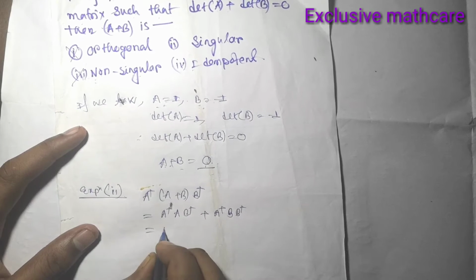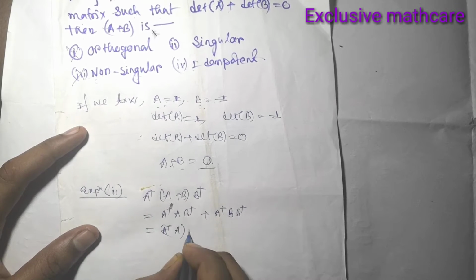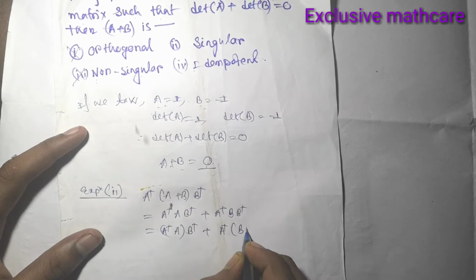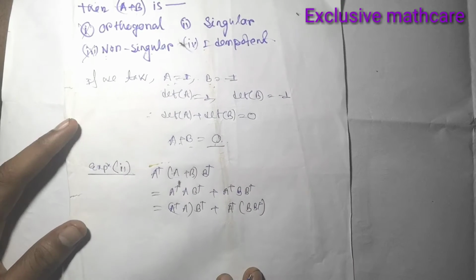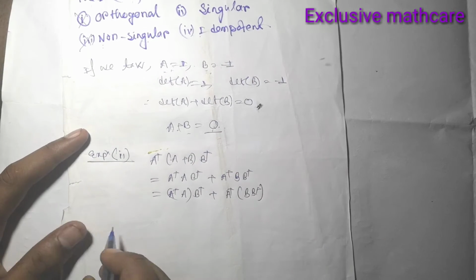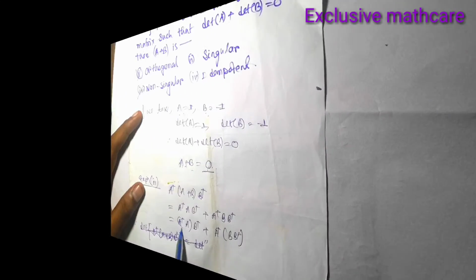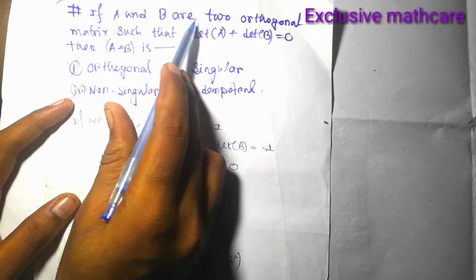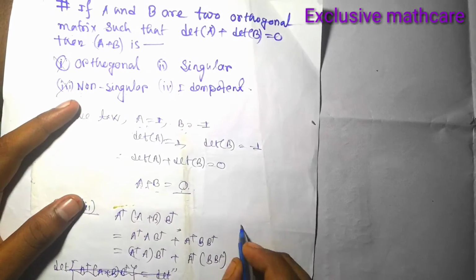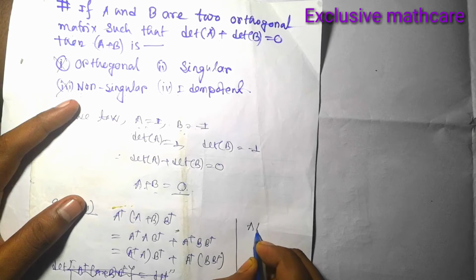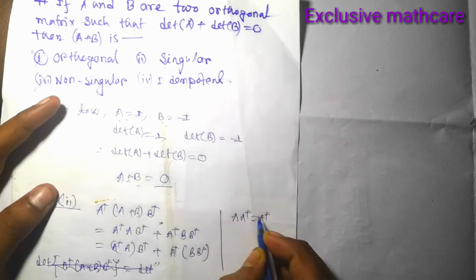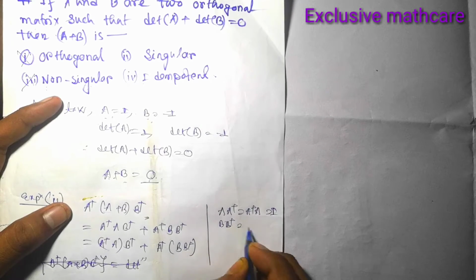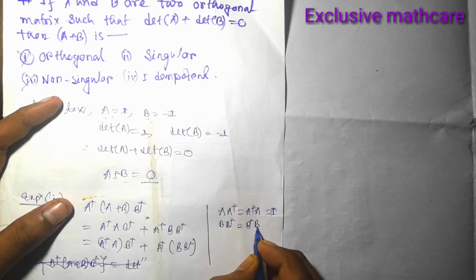So this can be written as A transpose A B transpose plus A transpose B B transpose. So now we take the determinant. Clearly it is given that A and B both are orthogonal matrices. So from here A transpose A equals identity and B transpose B equals identity.